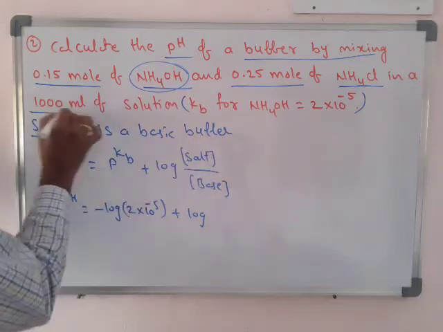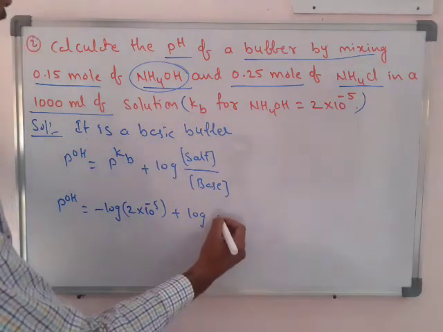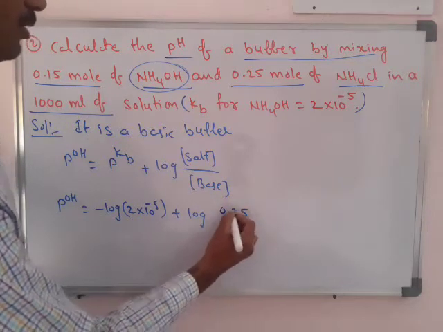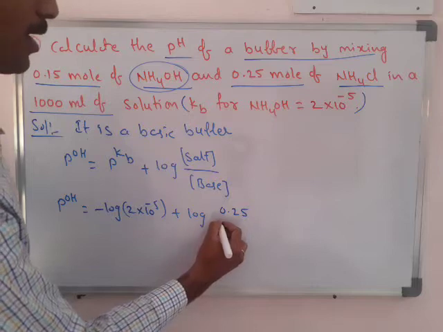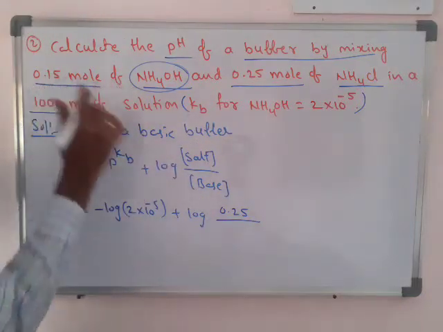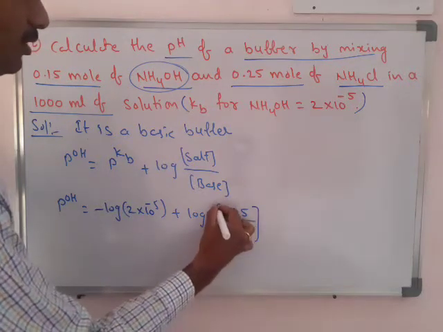So actually both are present in 1000 ml mixture. So no need to consider the volume. Salt concentration 0.25 moles in 1 liter. Again base concentration 0.15 mole in 1 liter. Okay.